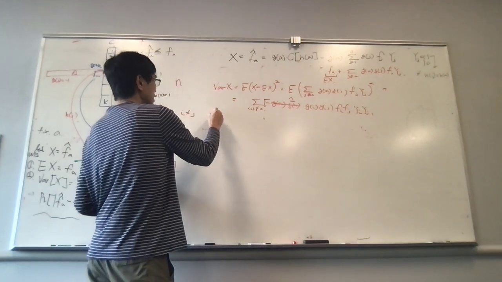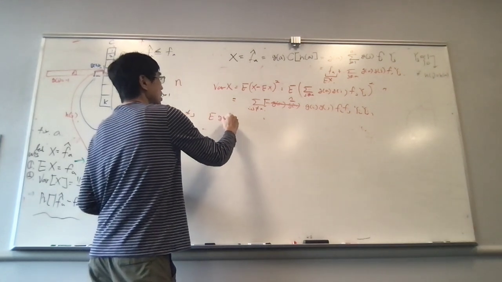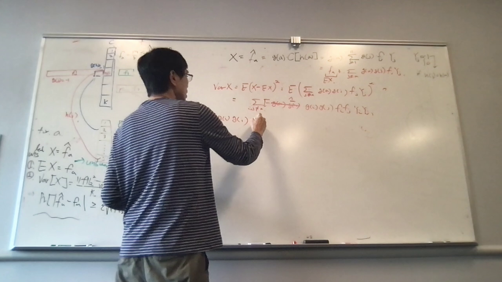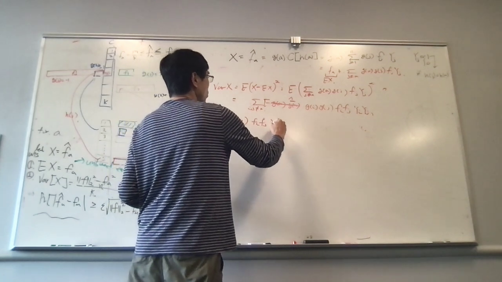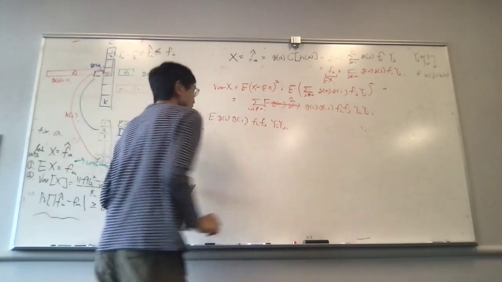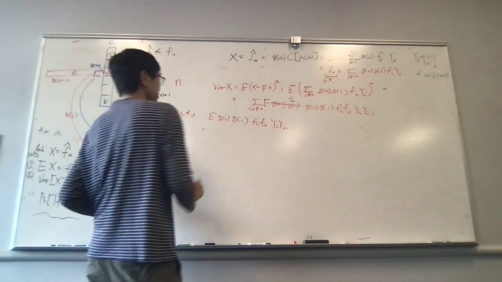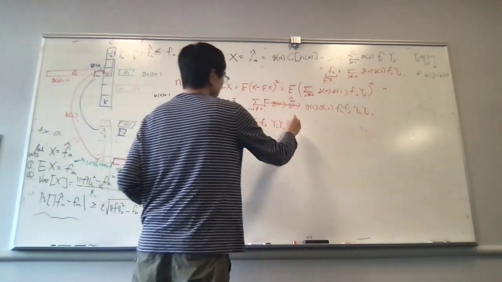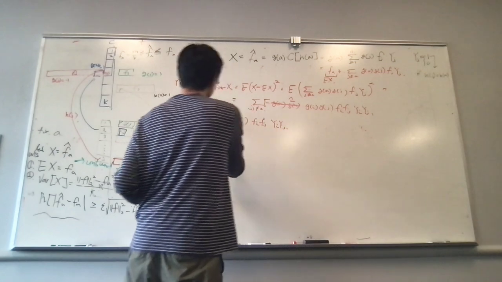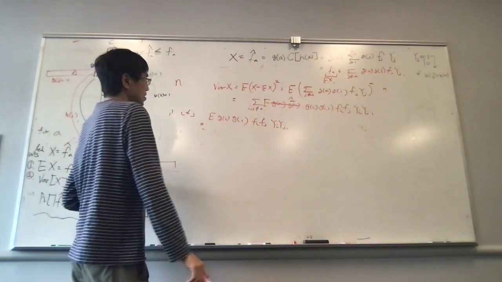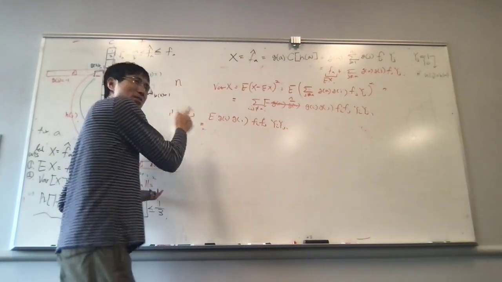So what is this? E of GI, GJ, FI, FJ, YI, YJ. Good. So what is this? Do you see this? What is 0?